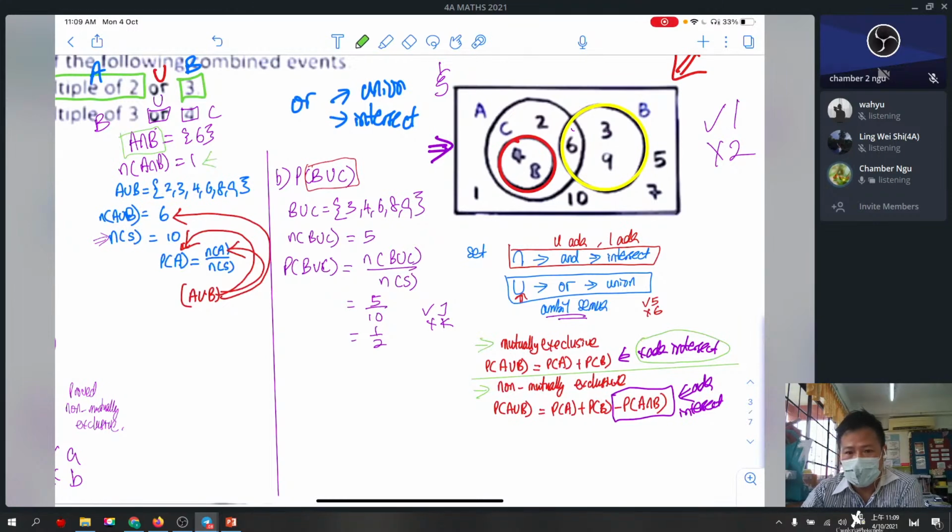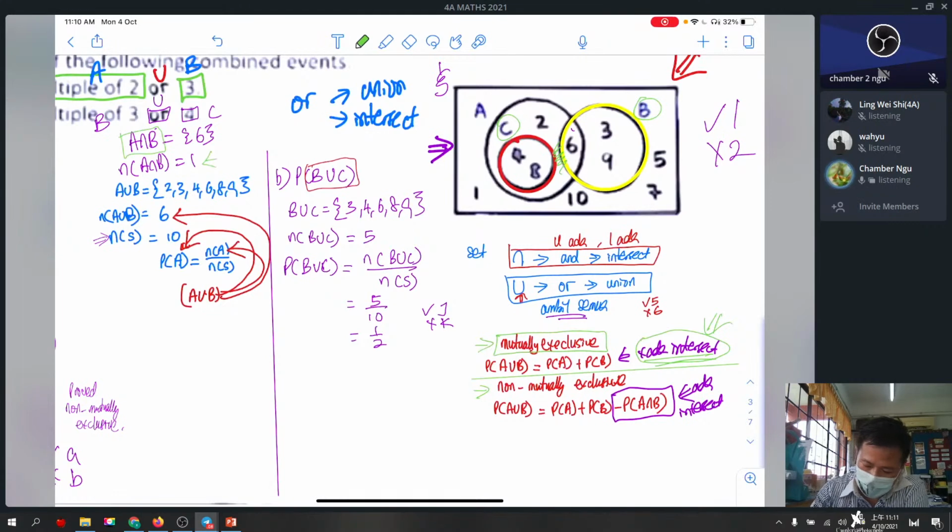Yes, it is mutually exclusive, because sets C and B have no intersection. If there is an intersect, this means it is non-mutually exclusive. Do you understand, Ayumi? Rebecca? Okay, she responded. Understand or not? I understand the no intersect part.